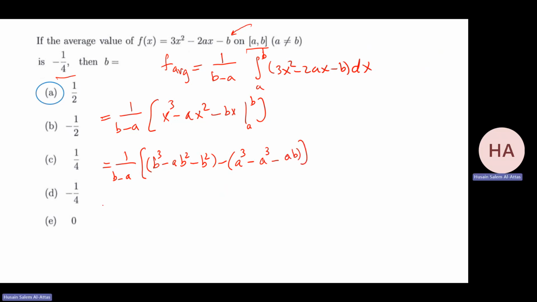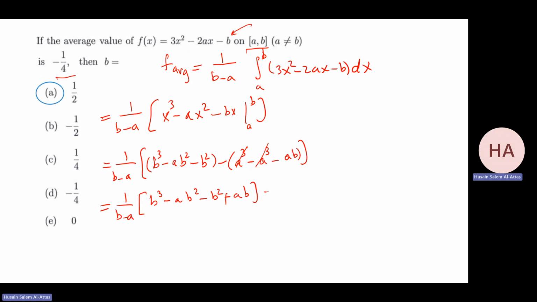Okay, that gives me 1 over b minus a of, what? I have b cubed. This is cancelled, minus ab squared minus b squared minus ab. No, this is plus, sorry. Minus a times minus b, that will be plus.